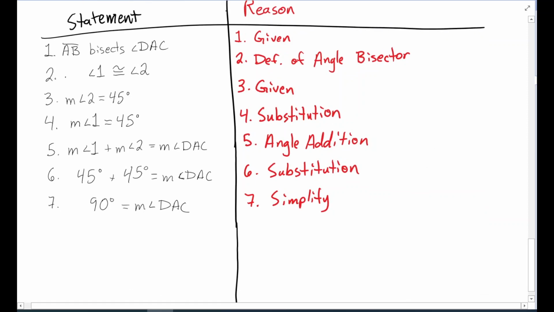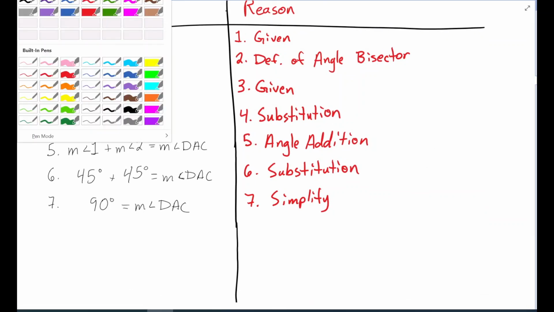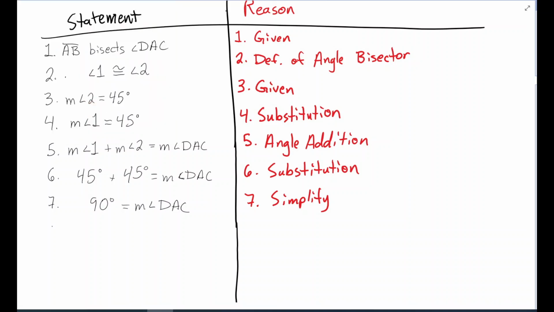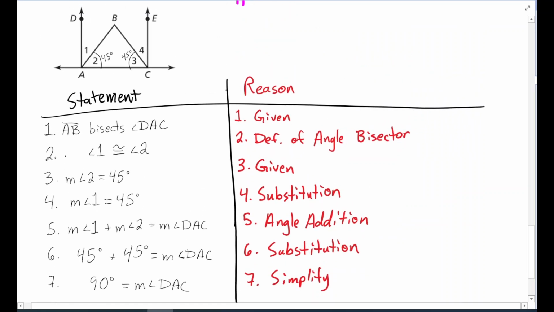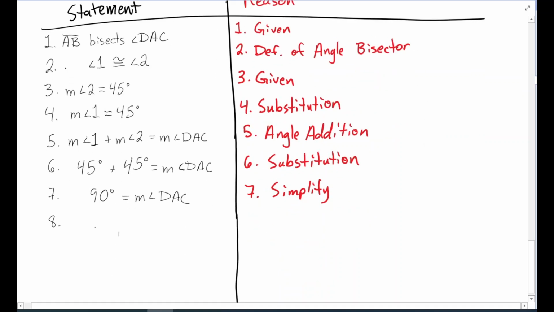Which would mean, by definition, that because the measure of angle DAC is 90 degrees, the ray AD is perpendicular to the line AC.